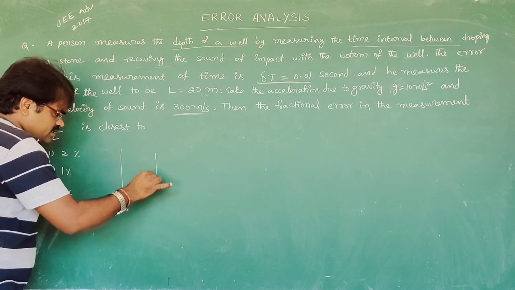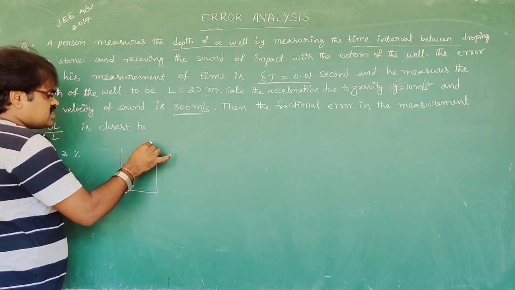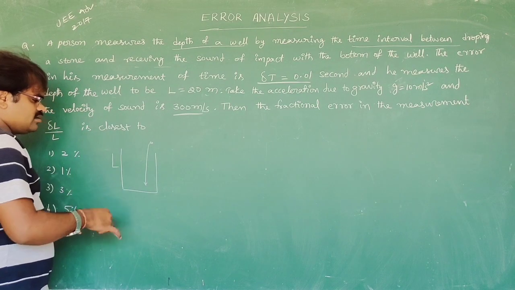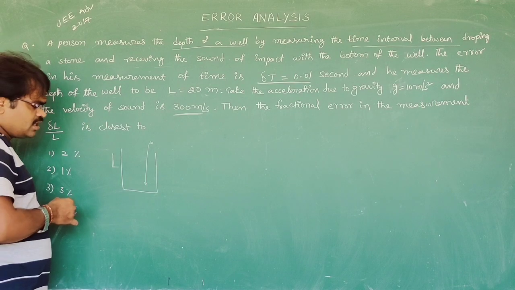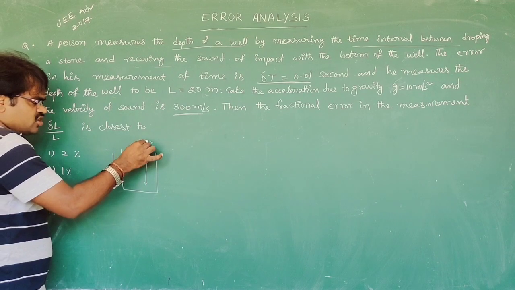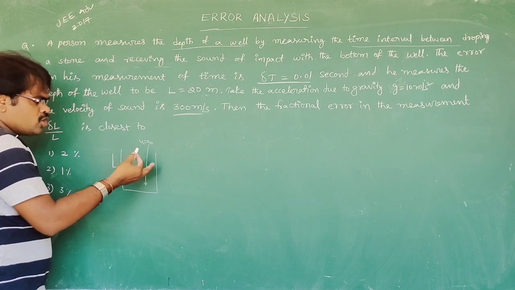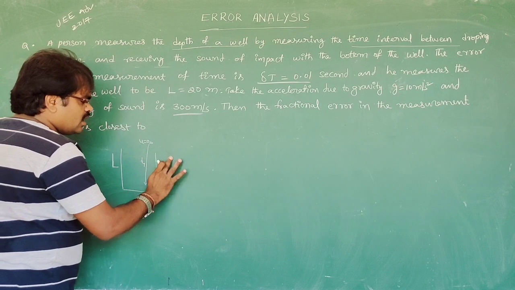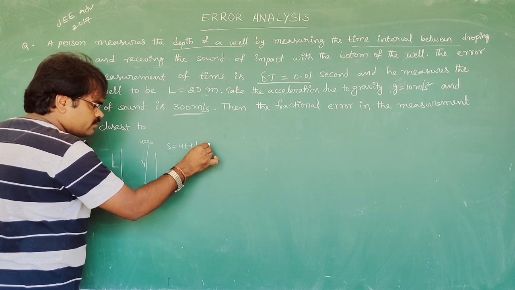You can see the well question. Here is the well. The person drops the stone. The depth of the well is L. The initial velocity of the stone is 0. It is dropping. How much time is taken? T1. Formula: S is equal to ut plus half at square.